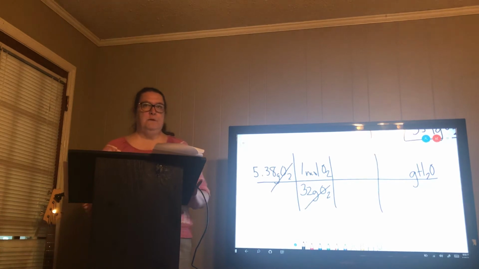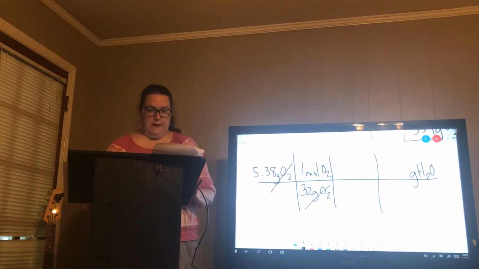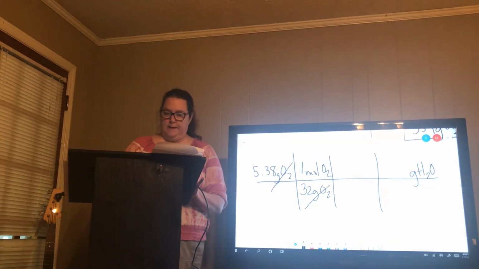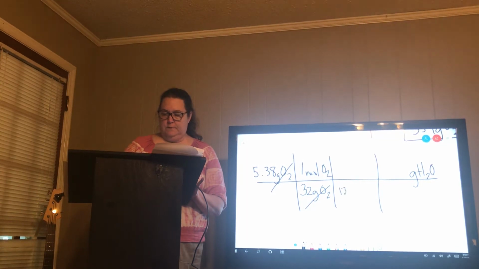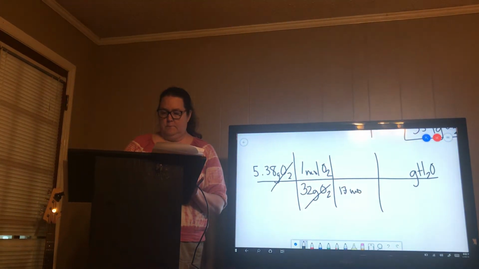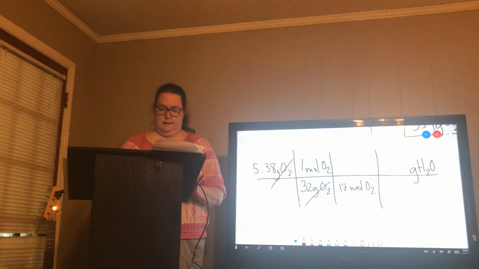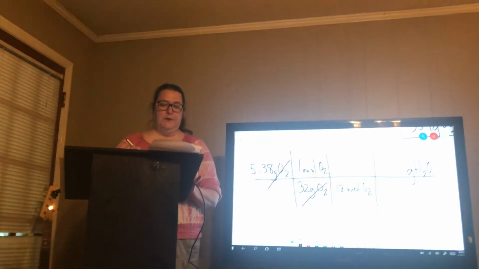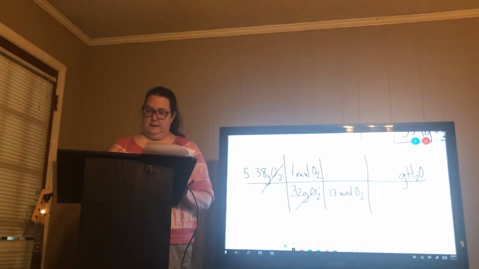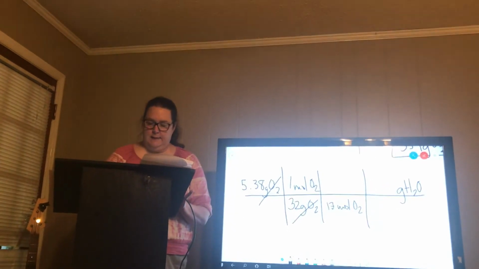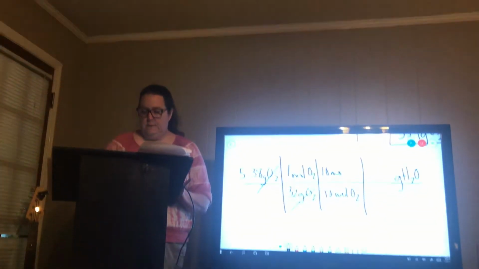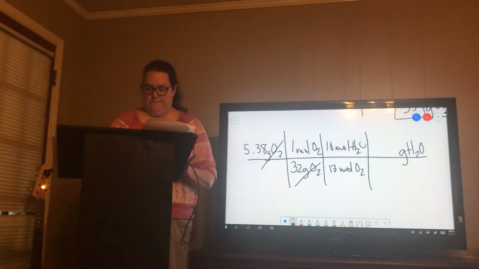So now I'm left with moles. When I look at that equation, I know that there are 13 moles of oxygen for every 10 moles of water.